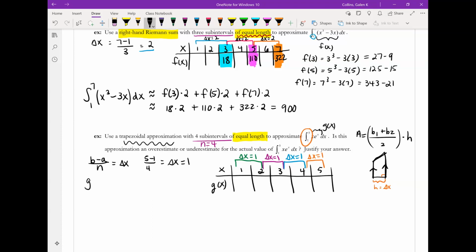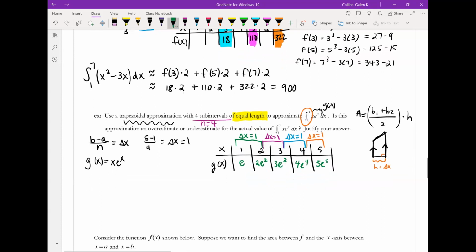If g of x is x e to the x, this is actually pretty easy to fill out. g of 1 is just 1e to the 1, so just e. g of 2 is 2e to the second power, so 2e squared. g of 3, 3e cubed, and so on. Okay, so we have our table filled out.